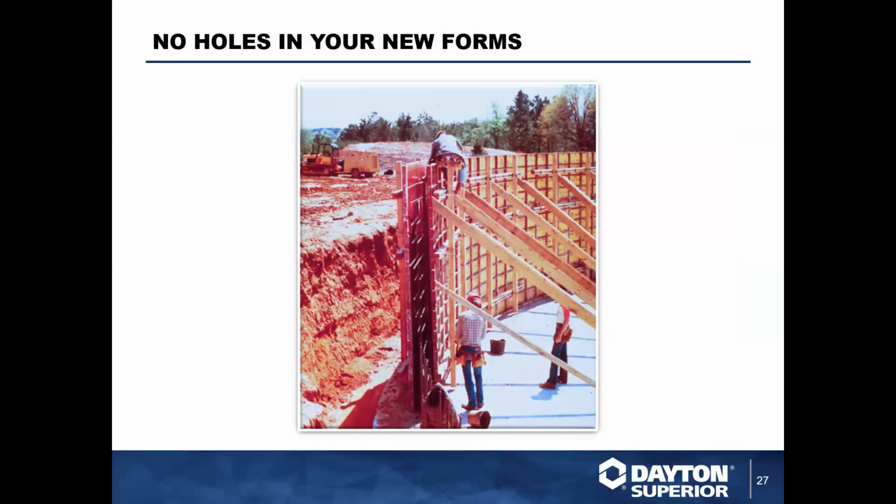The biggest thing for DBs where we're seeing it used is with concrete formwork. Basically, we're stopping customers from punching holes within the concrete formwork, because they always seem to find that brand new form, and that's the one they want to put the big hole in to run their rebar through.